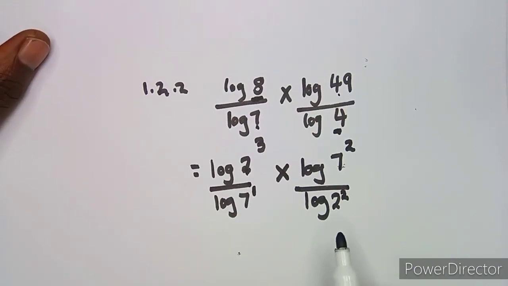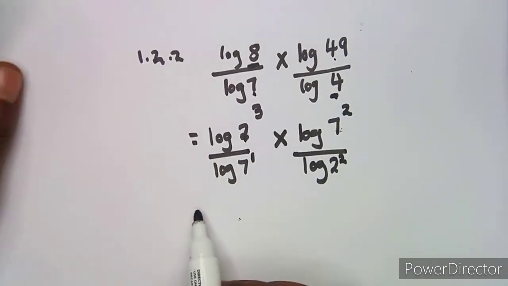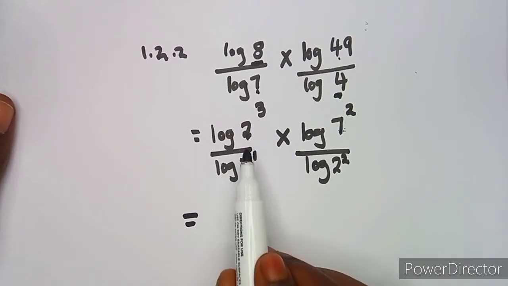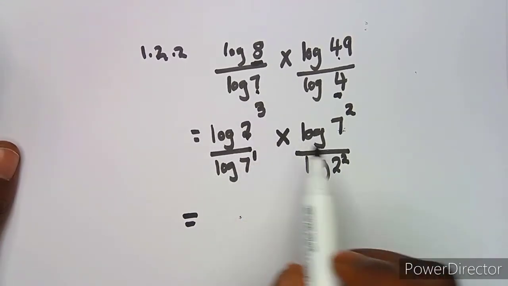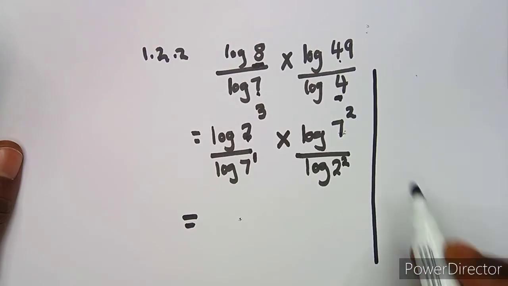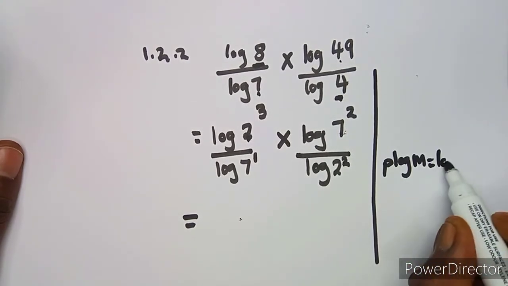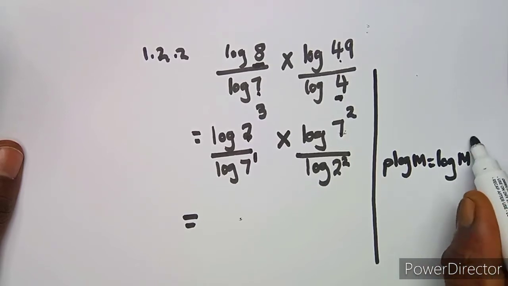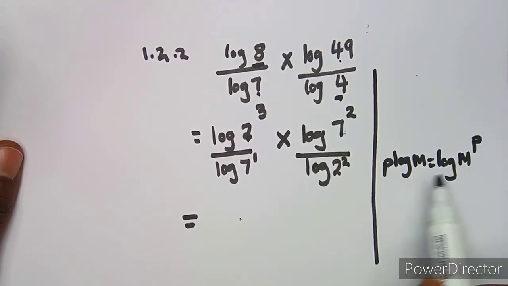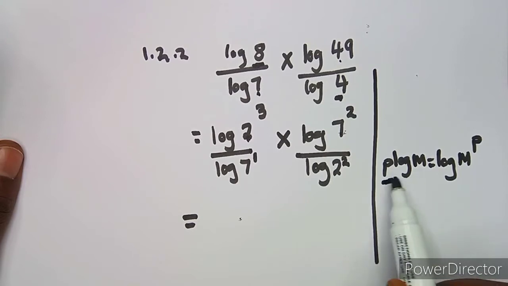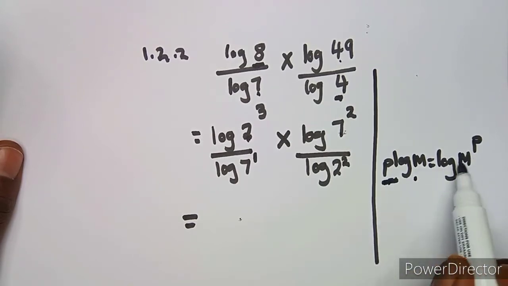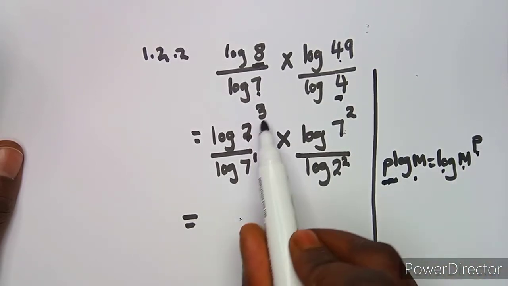Let us apply this law first so that it can be clear. I want you to see something. We have got an exponent here, and remember from our laws of exponents, I told you guys that p log m is the same as log m to the exponent of p. So that means before it was p log m, now it's log m to the exponent of p, which is this format.